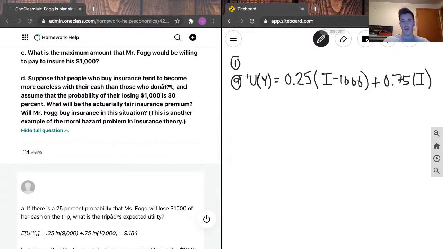2 things. 1, our junior tutor wrote it as the expected utility of Y. That's correct. That's an oversight on my part. We can't write it as the utility of Y because we're not sure which of the 2 cases are going to take place.